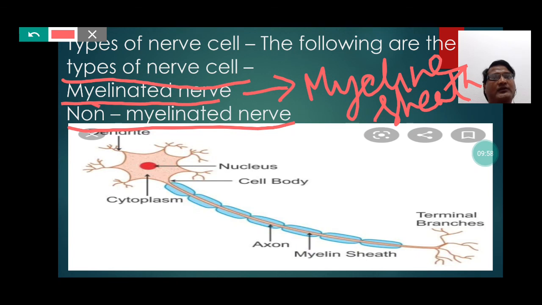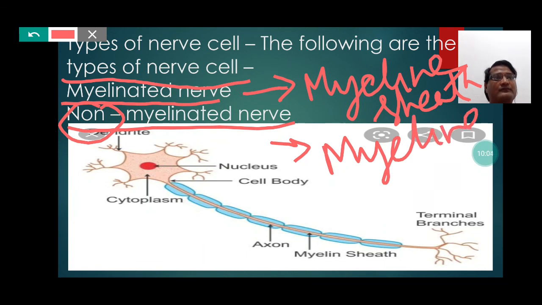And non-myelinated nerves are those nerves where myelin sheath is absent.